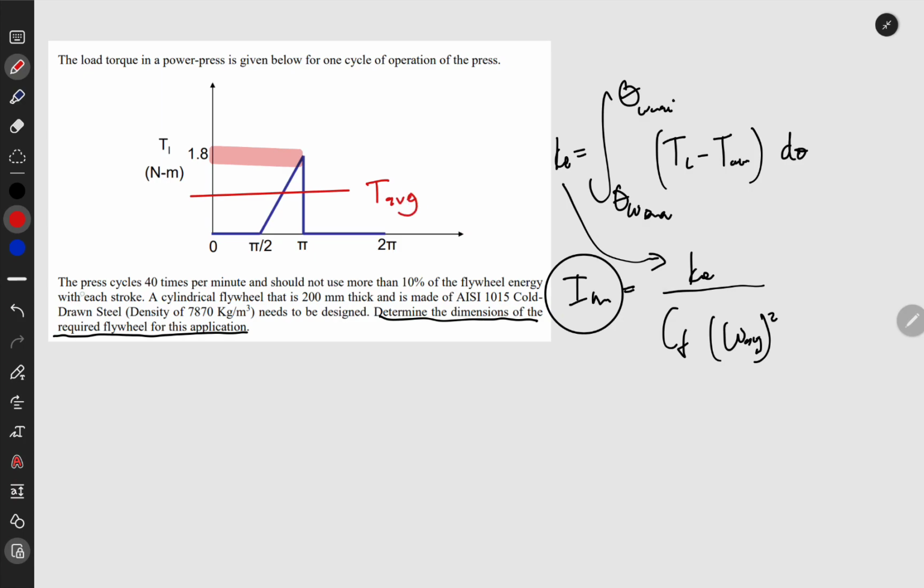Okay, the press cycle has 40 cycles per minute. So I think if we're converting that to radians per second, it will be 40 times 2 pi over 60, if I'm not mistaken.